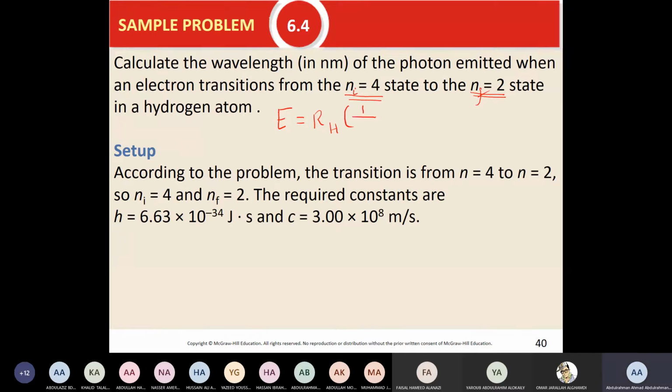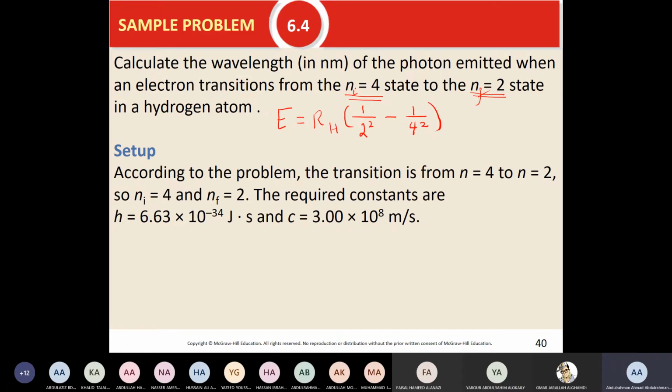Okay, 1 over what? What should I write here? 1 over 2 squared minus 1 over 4 squared, close bracket. Go ahead and calculate.